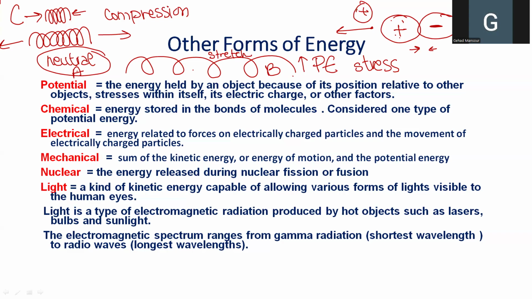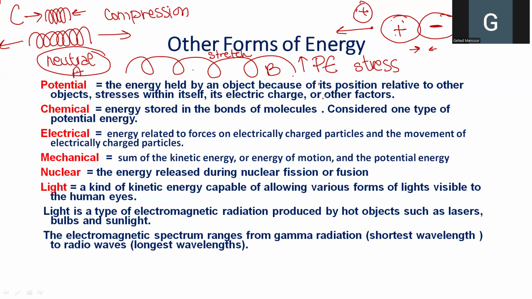Chemical energy is the energy stored in the bonds of the molecules, and chemical energy, as we have explained before, is one type of potential energy. The electrical energy is related to electric charges. So we have just given an example, but that one is potential energy.